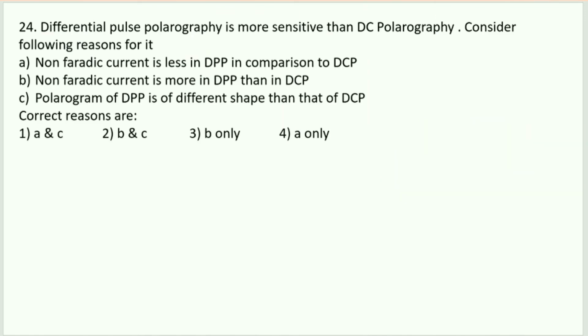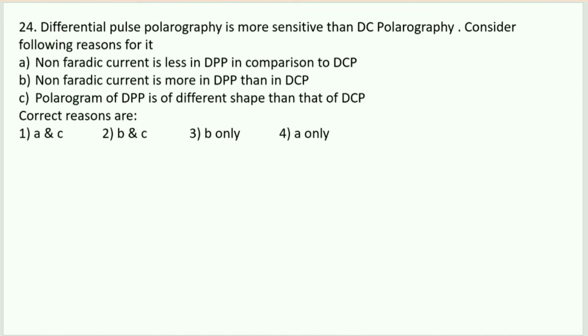24. Differential pulse polarography is more sensitive than DC polarography. Consider the following reasons for it. A: Non-faradaic current is less in DPP in comparison to DCP. B: Non-faradaic current is more in DPP than in DCP. C: Polarogram of DPP is of different shape than that of DCP.